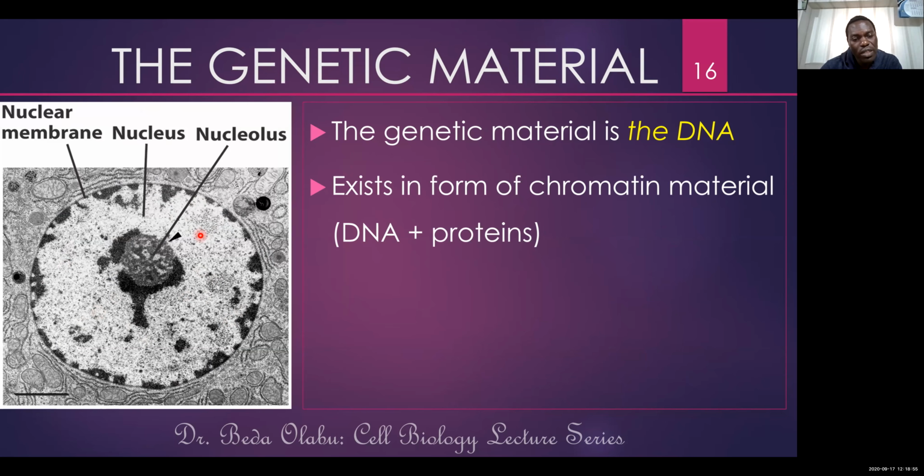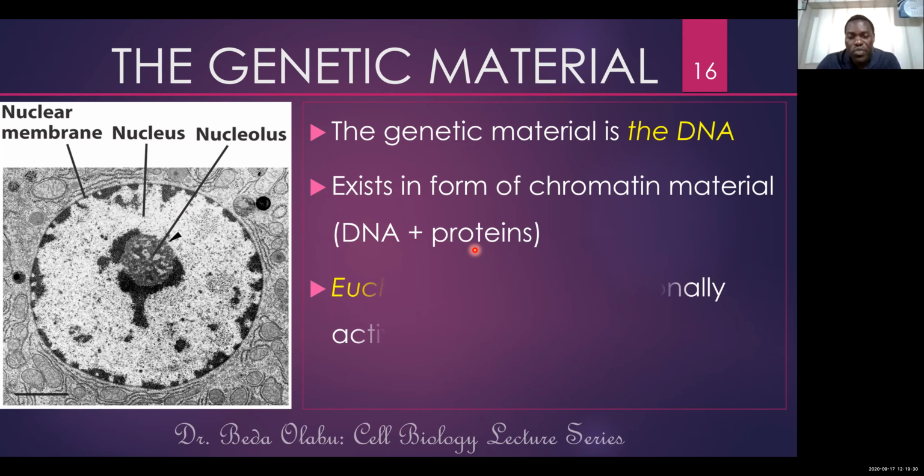The chromatin material refers to DNA that has been combined with proteins. The major proteins of the DNA are known as histone proteins. These histone proteins are the major proteins that are combined with the DNA to constitute the chromatin material.